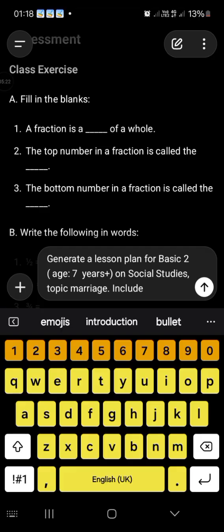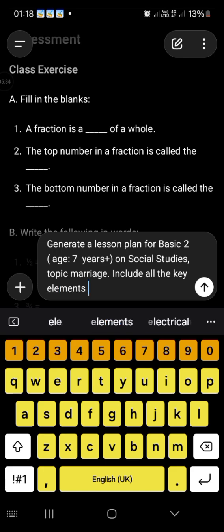Include all the key elements in the lesson plan. Alright, so we'll click on this button and let's see what AI will generate for us.